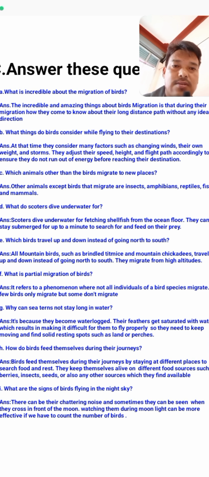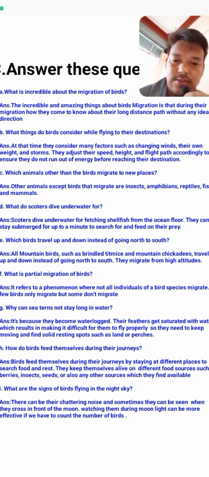So students, I think moonlight is the main factor, and it is effective also if you have to hear the birds' sound, see the birds and count them. So that is all about exercise C question and answer. Now let's move to the next exercise.